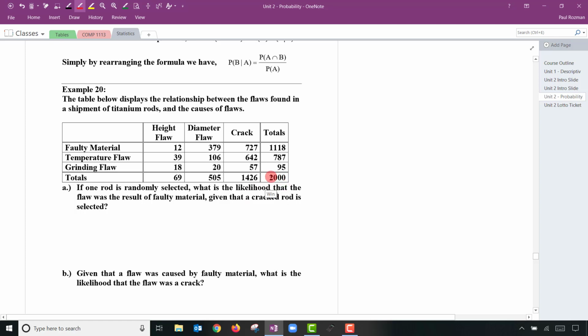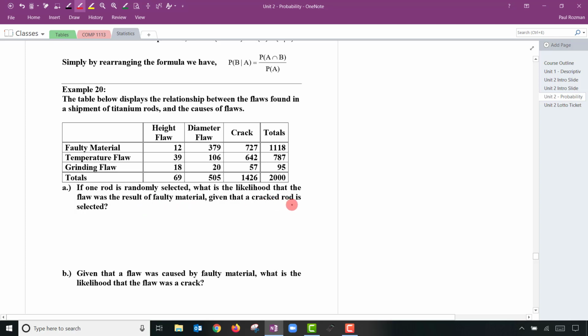So say there's a big pile of these things, there's 2,000 of them, and we randomly pick one of those 2,000. What is the probability that the flaw was the result of faulty material if we see that there's a crack in the rod?